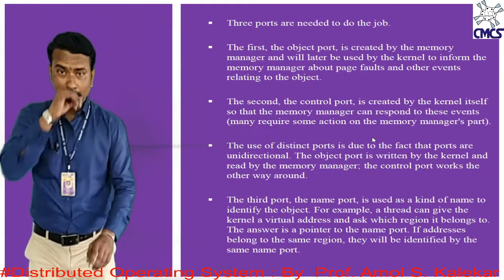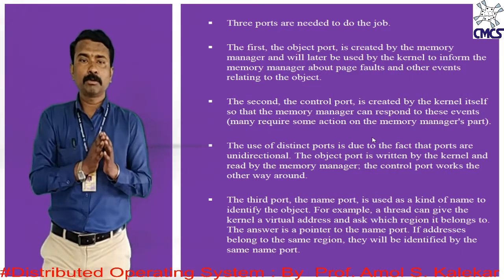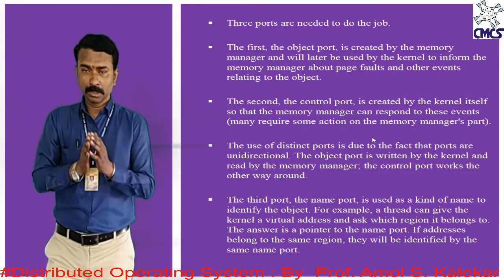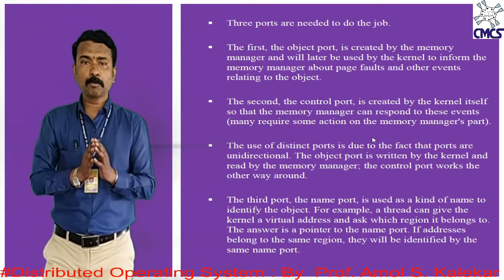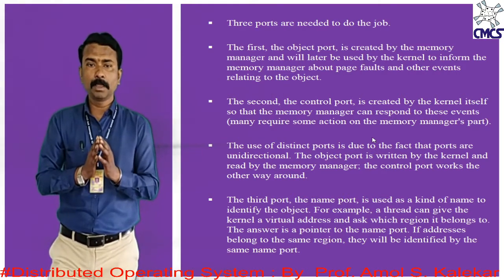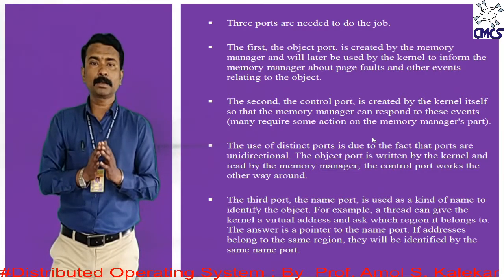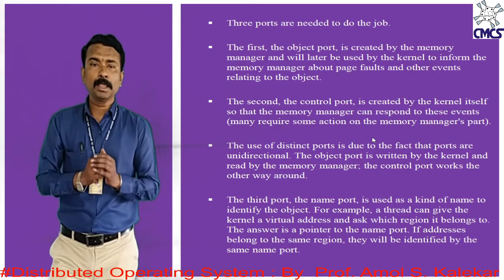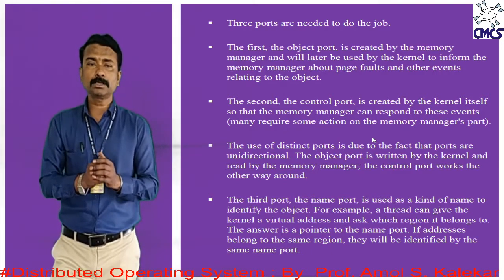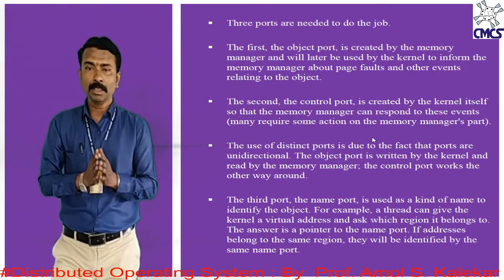Okay. Now, three ports are needed for performing this mapping. Now, the first, that is the object port, is created by the memory manager and will later be used by the kernel in order to inform the memory manager about the page faults and the other events relating to the objects.